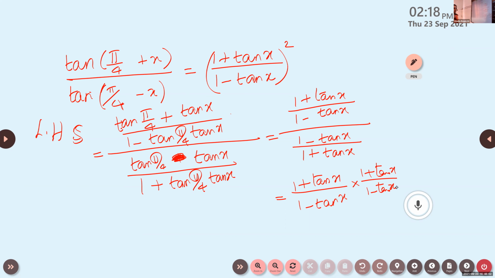Look here, the same term is repeated. So we can write this as 1 plus tan x by 1 minus tan x the whole square, which is equivalent to RHS. Hence, we have proved LHS is equal to RHS.